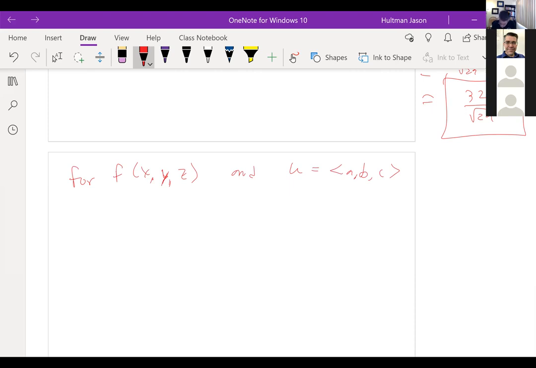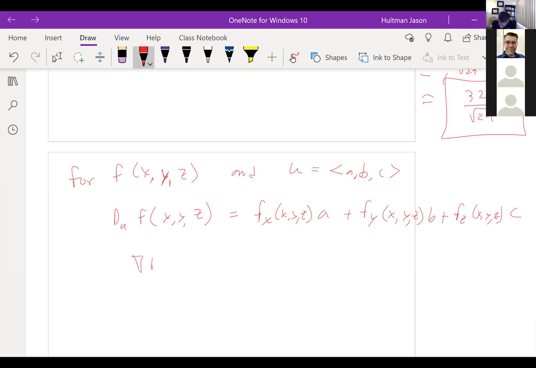Then the directional derivative of f of x, y, z would equal f sub x of x, y, z times a, plus f sub y of x, y, z times b, plus f sub z of x, y, z times c.